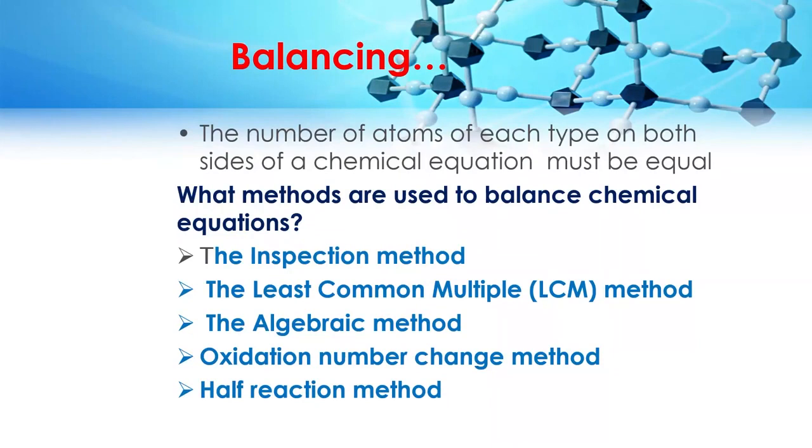Today we are going to see balancing chemical equations using the oxidation number change method. I am going to focus on the oxidation number change method. How can we balance chemical equations using oxidation number change methods?